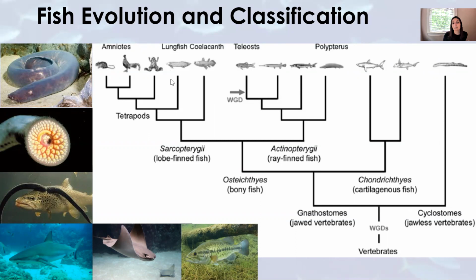The common ancestor to the lungfish is also the common ancestor to our other vertebrates, our non-fish vertebrates. So they're kind of the direct link to amphibians and other vertebrates. This is just to orient you with the different fish and how they fit in evolutionarily.